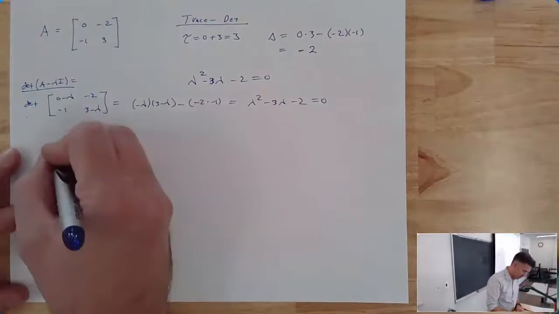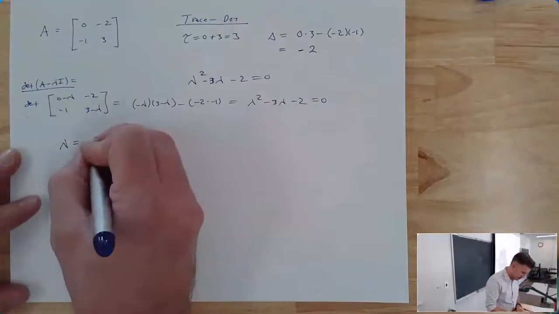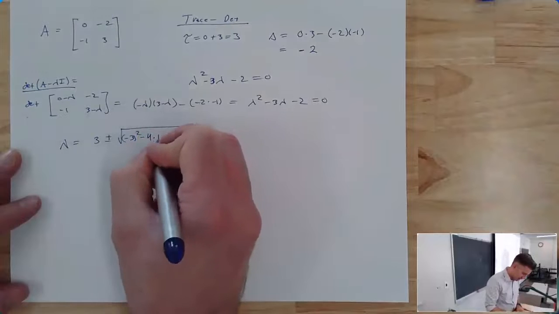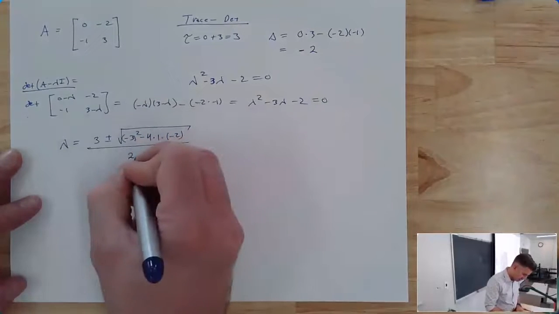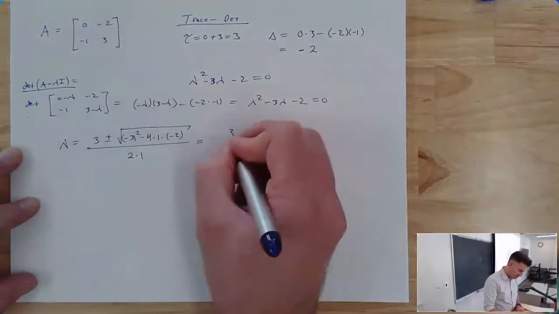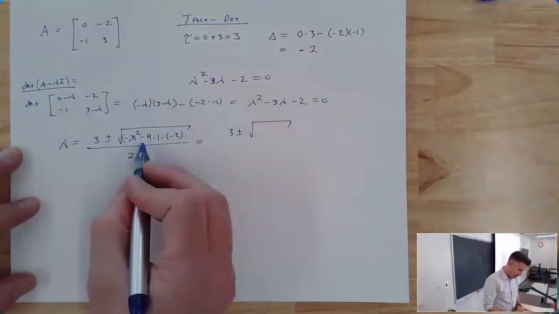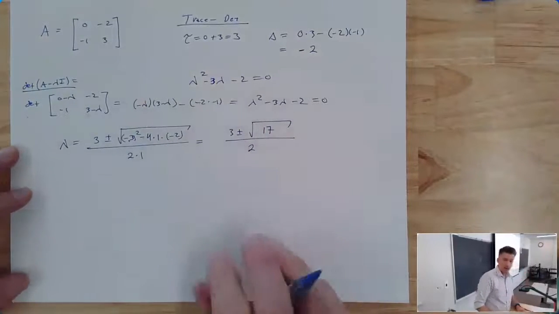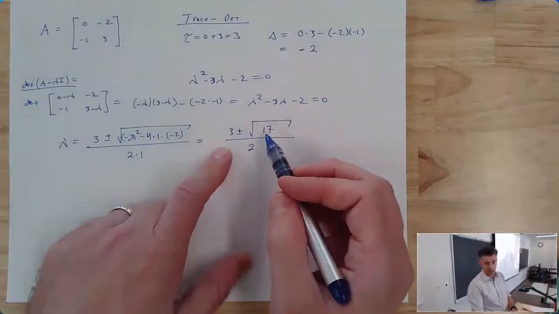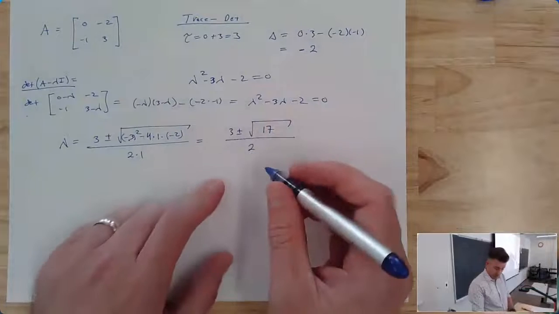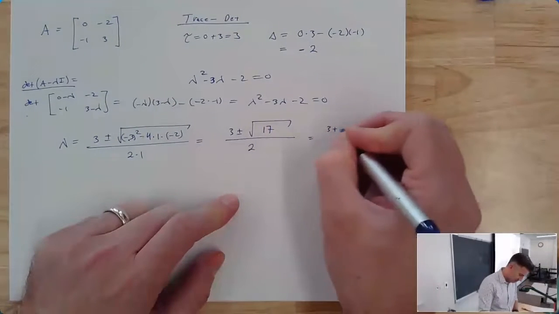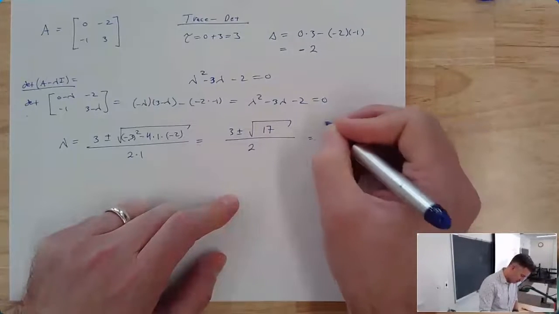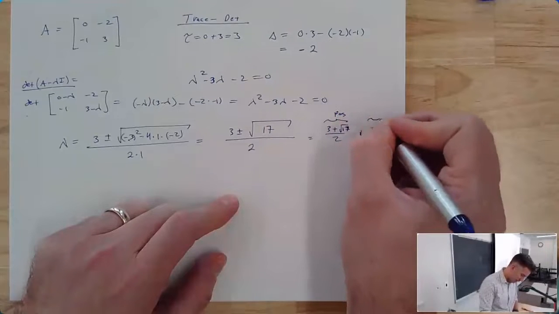The quadratic formula is going to tell me that my eigenvalues are going to be -b plus or minus the square root of b squared minus 4ac, all over 2a, which ends up being 3 plus or minus the square root of, let's see, 9 minus 4 times -2 is +8, and 9 plus 8 is 17. So we have 3 plus root 17, which is positive, and 3 minus root 17, which is negative. So this is a positive eigenvalue and a negative eigenvalue, which means we have a saddle again.